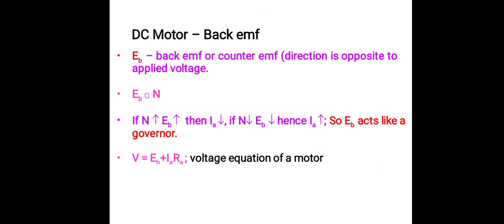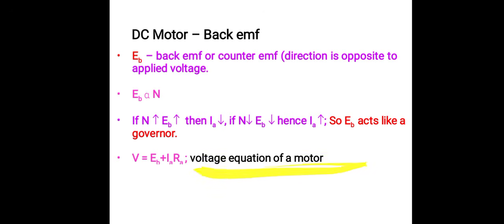Back EMF or counter EMF is another voltage in your motor, which is directly opposite to the supply voltage. And that back EMF is proportional to the speed, so if speed increases, back EMF increases, and armature current decreases. If speed decreases, back EMF decreases, so armature current increases. It acts like a governor for the motor.